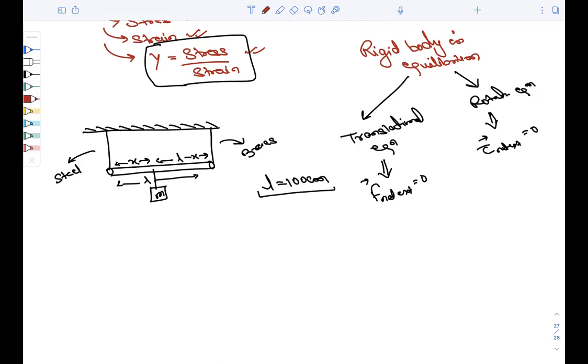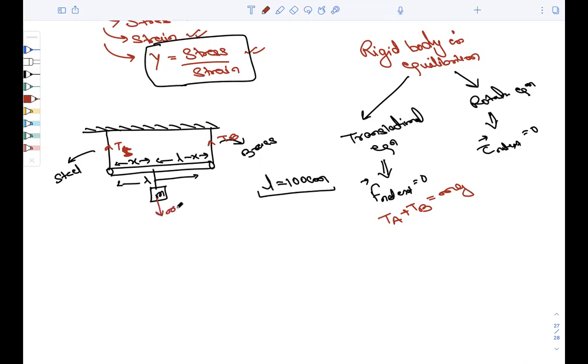Always remember this thing. Now here pay attention. Let's say TS for steel, and for brass TB, right? This wire will also have a cross-sectional area. We will see that also, right? Now to be in translational equilibrium, we can simply add TS plus TB equals mg.